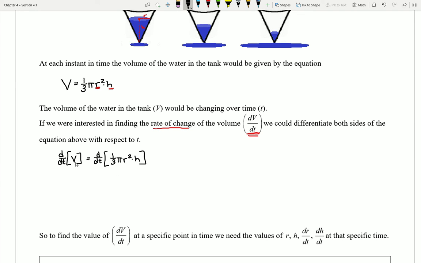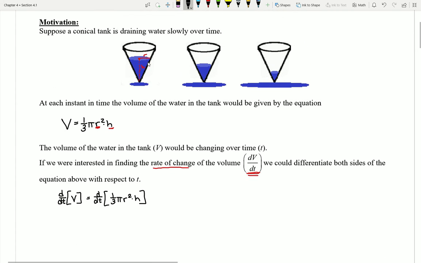What's important to note, though, again, is that V depends on time. We just stated that up above. At different times, there are different volumes. We can also tell, though, that the radius also depends on t, right? Because the radius of this top circle for the water is different in size than the radius here, and different in size than the radius there.